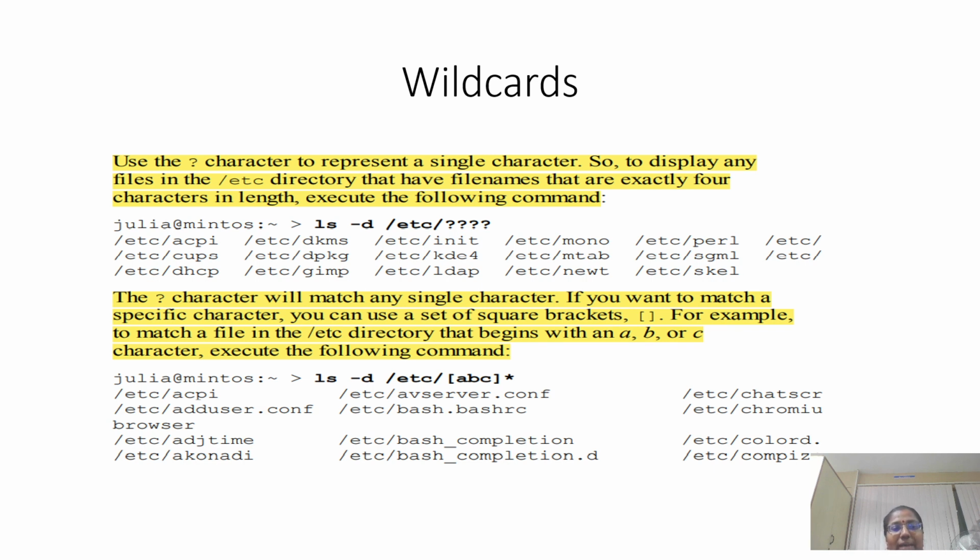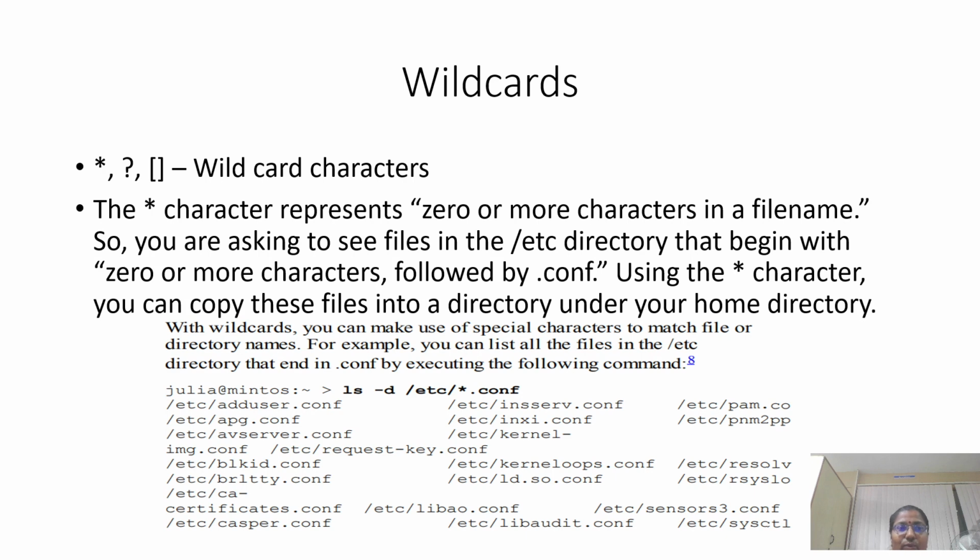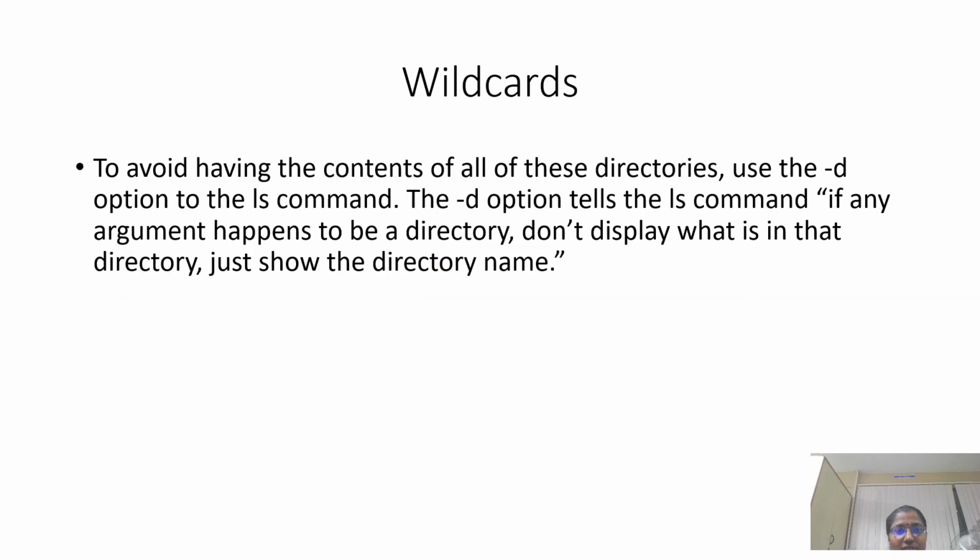So to match a specific character, you can use a set of square brackets. To represent a single character, you can use the question mark. To represent zero or more characters, you can go for the star. So these are all the wildcard characters used in Linux.